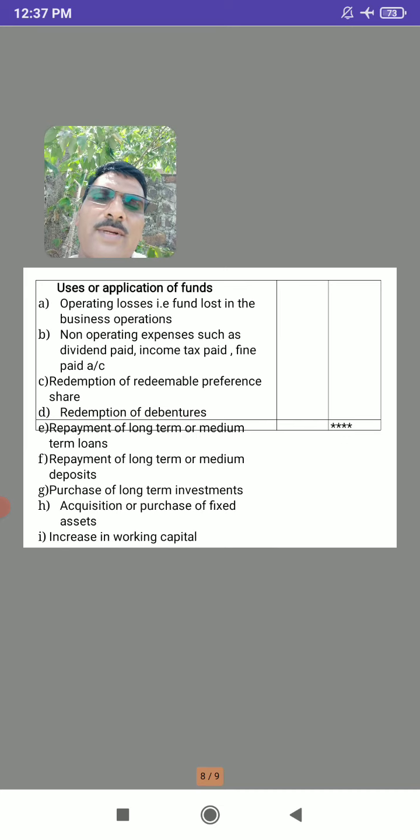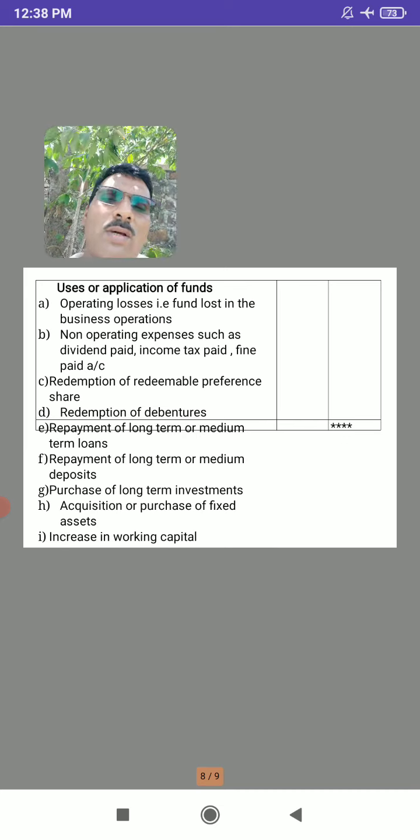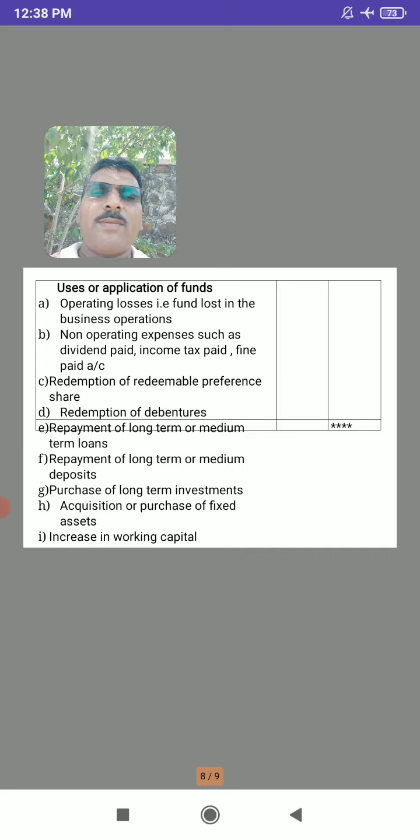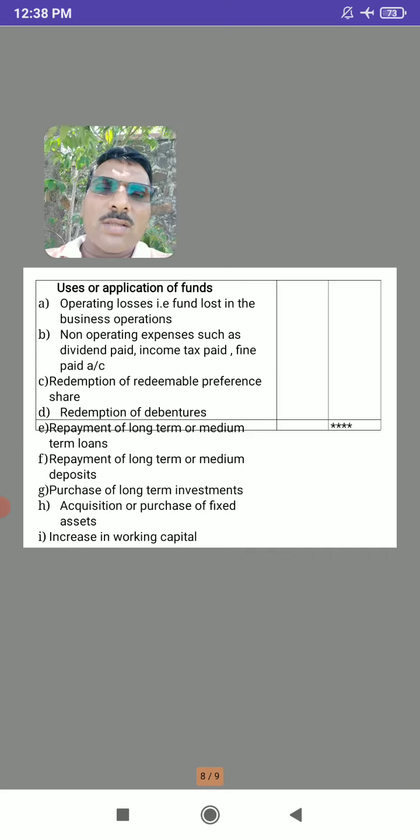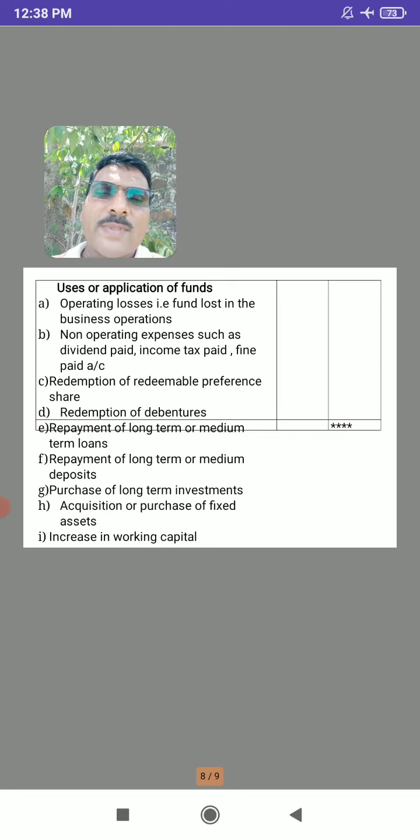Then comes the application of funds. Application of funds means operating loss, or funds lost in the business operation. If there is any loss on funds from operation, or non-operating expenses such as dividend paid, income tax paid, fine paid, etc., these are taken under the head of non-operating expenses.